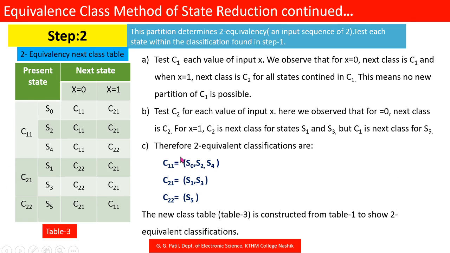So the partition is done in this way. Therefore, the two equivalent classification is: C11 S0 S2 S4, C21 S1 S3, and C22 S5. The new class table 3 is constructed from table 1 to show the two equivalence classification.